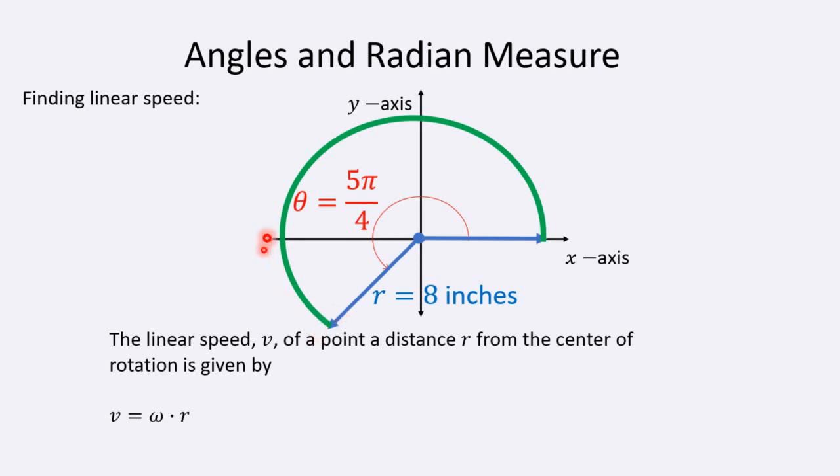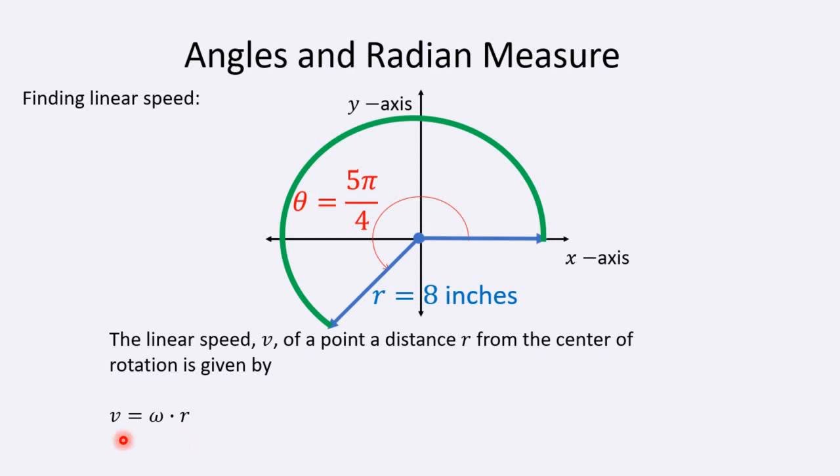If you take that green arc and stretch it out, you can visualize a linear speed, or the speed of the thing moving along this arc. This is like NASCAR. They're not moving in a straight line. They're moving around a circle. So if you're tracking the speed of the car, there's an angle that the car is creating with the center of the track, if it's a perfectly circular track. But there's also the speed at which the car is moving along the ground. That's called the linear speed.